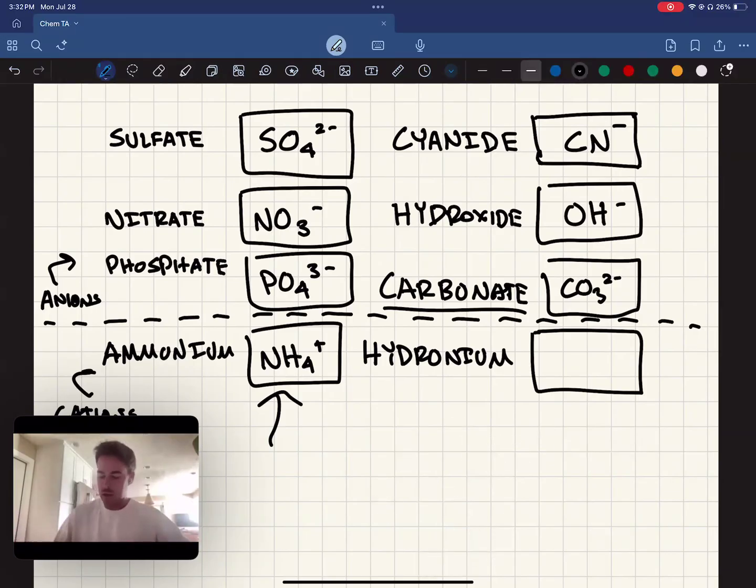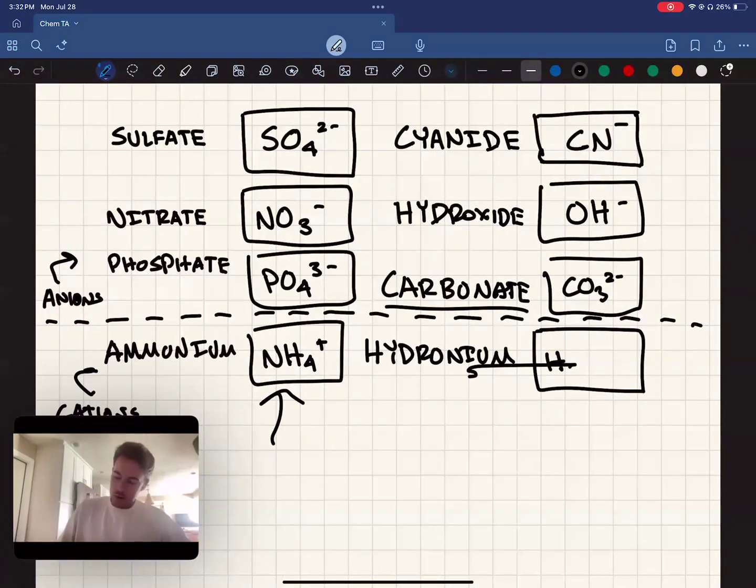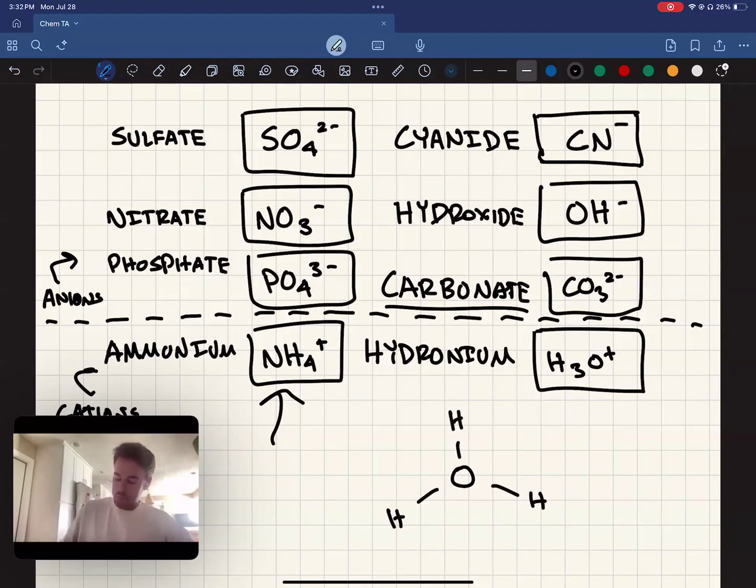Hydronium. This one is H3O plus. So this one is an oxygen with three hydrogens on it. We have 6 electrons on the oxygen, 3 from the hydrogens, and then a positive charge, so I'm doing negative 1 electron.